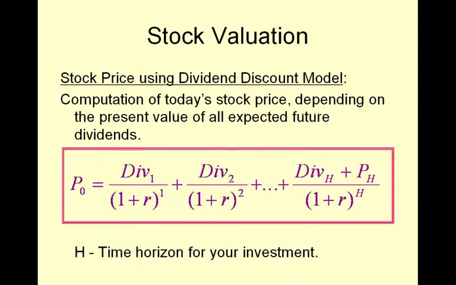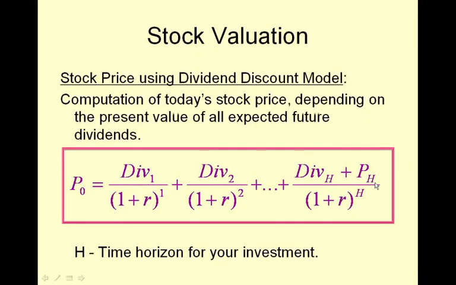Here's a present value equation for the price today as determined by a future stream of dividends discounted appropriately. And we'll have R as the cost of equity capital, or the market capitalization rate. And so what you see is that the price now, or time 0, depends on the dividends every year discounted appropriately out to an evaluation horizon, plus the price at that evaluation horizon.